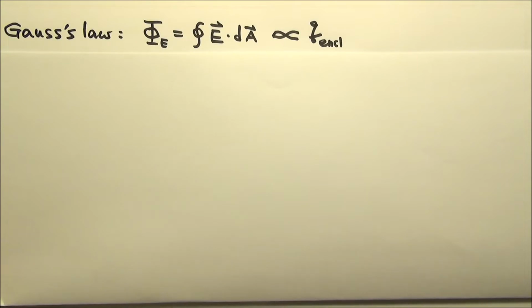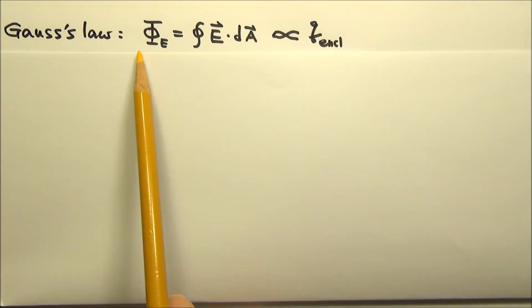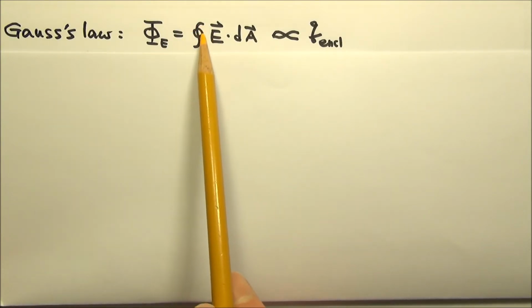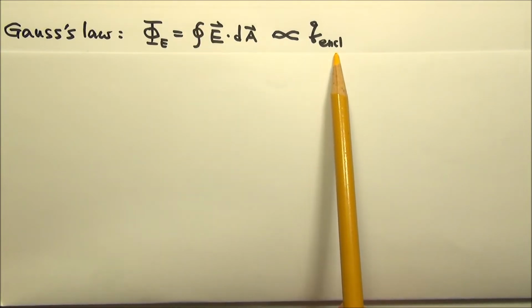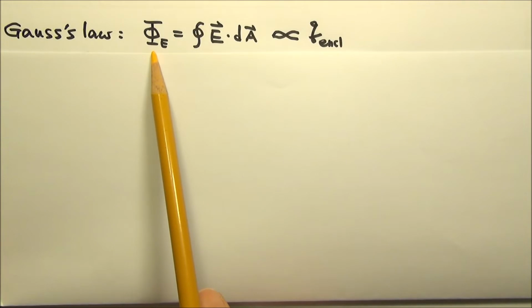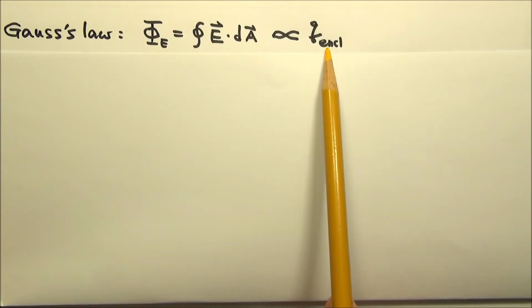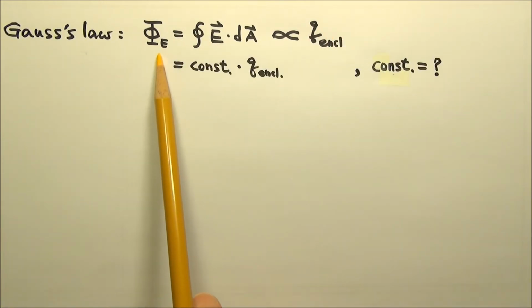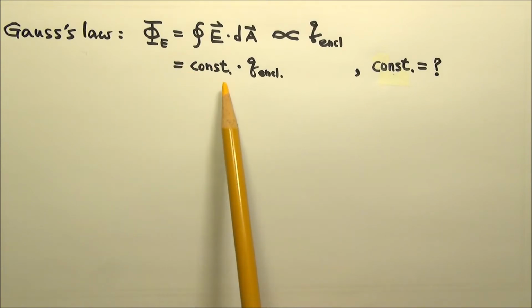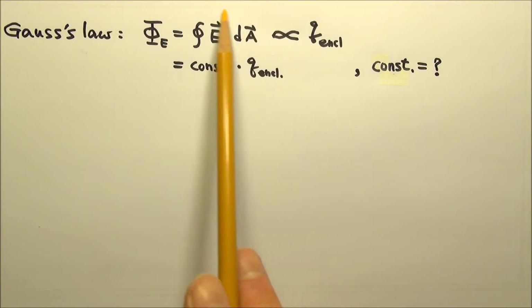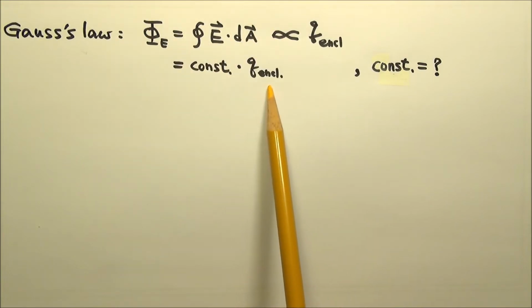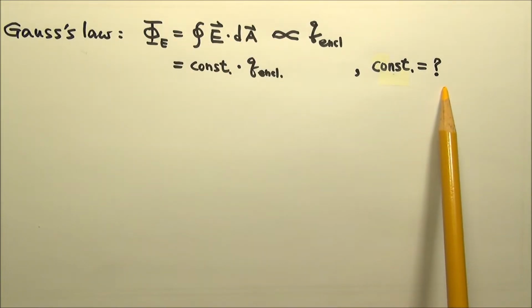In the previous lesson, we learned that electric flux through a closed Gaussian surface is proportional to the net enclosed charge. Since this flux is proportional to the enclosed charge, we can say this flux is equal to a constant times the enclosed charge. To complete the Gauss law equation, we just need to find this constant.